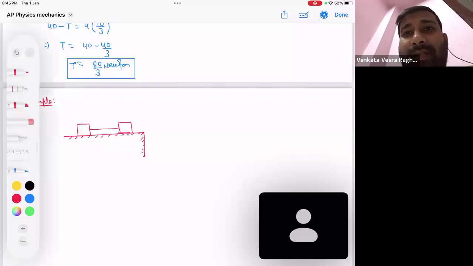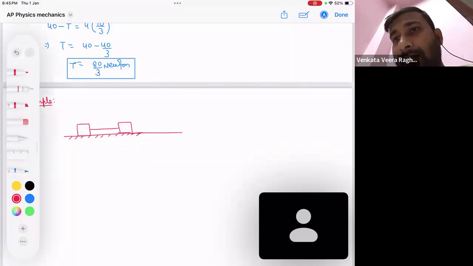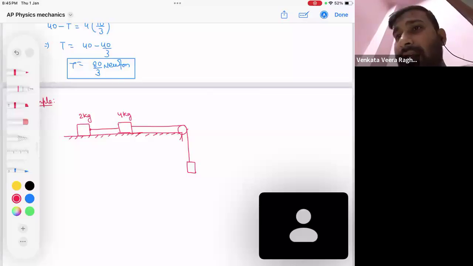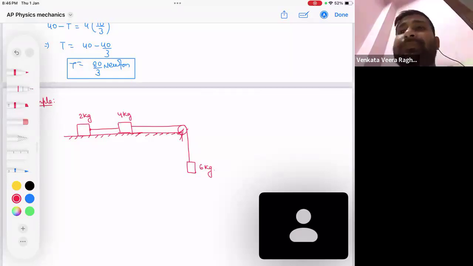Let's make a little bit bigger table, like this. Then there is an ideal pulley here, and this ideal pulley is connecting one more block. Something like this kind of situation is given to us. The masses: this mass is 2 kg, this mass is 4 kg, and this mass is given as 6 kg. This is an ideal pulley given to us.